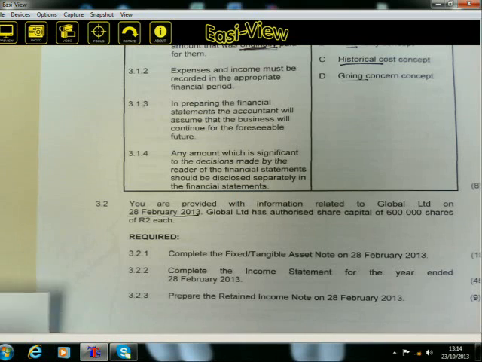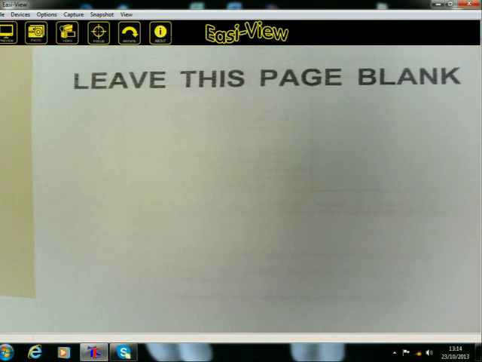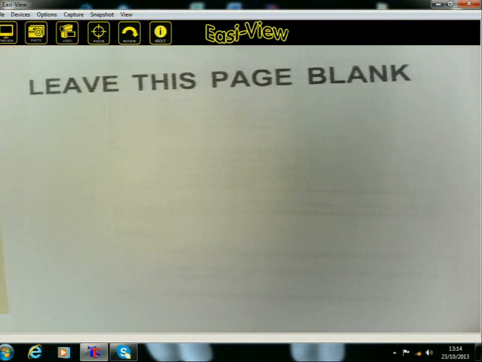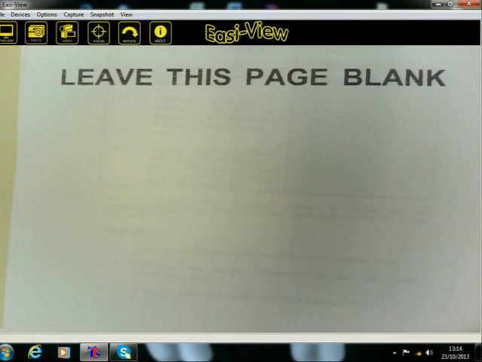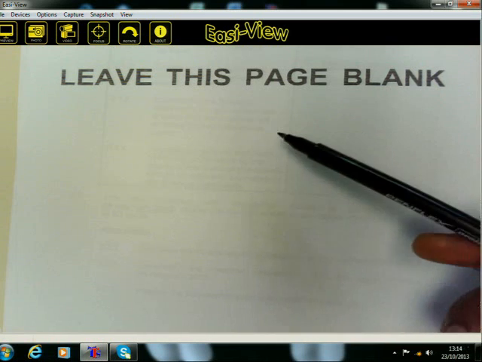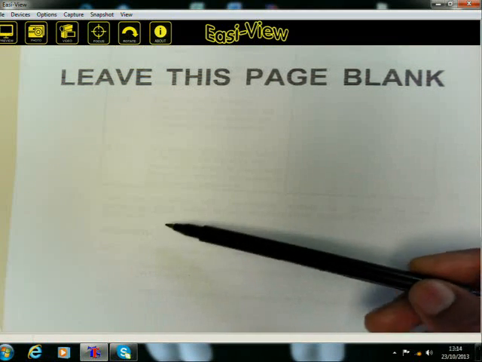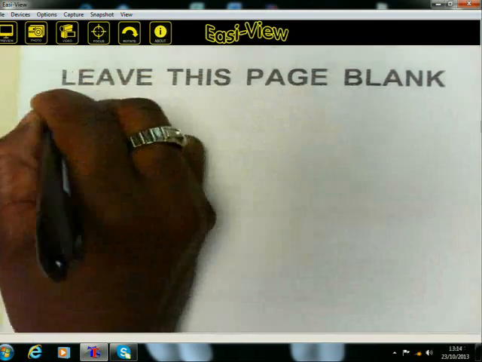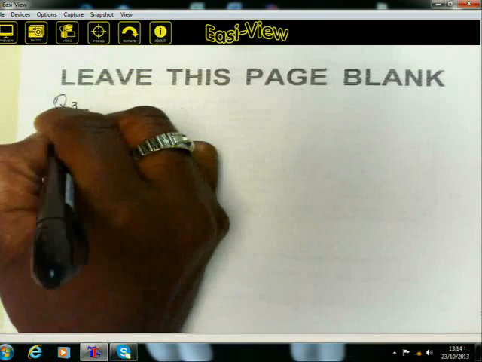In the answer book that you would be provided with, at one stage there are pages that say leave this page blank. May I encourage you to use these pages for your calculations. The only important thing is to indicate to the marker which question and which calculations you were doing. You would indicate that it's question 3, and what you were doing.